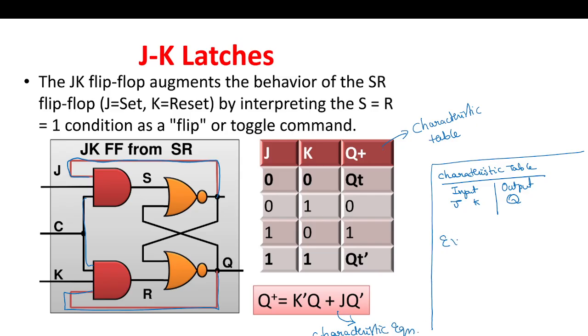And the next one is called the excitation table, where we have the next state, present state, and what will be the input, say J and K. So these are the inputs and this is the output.